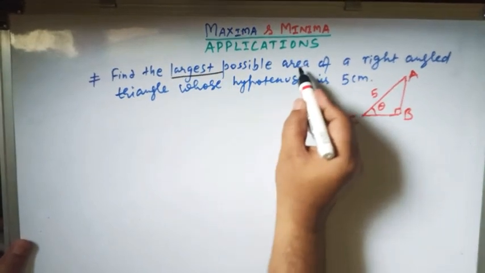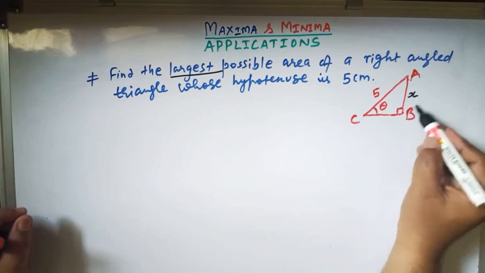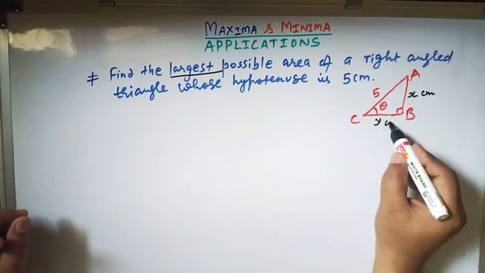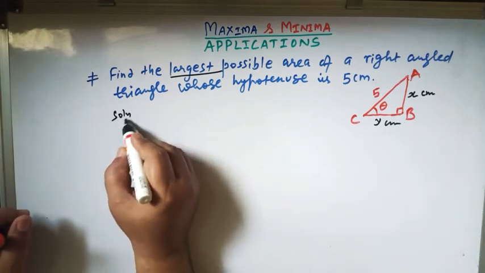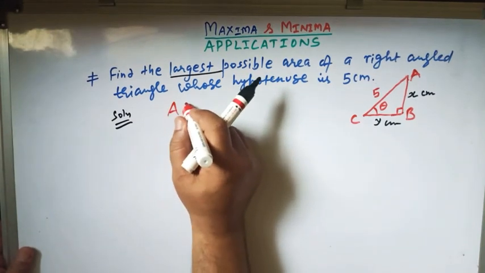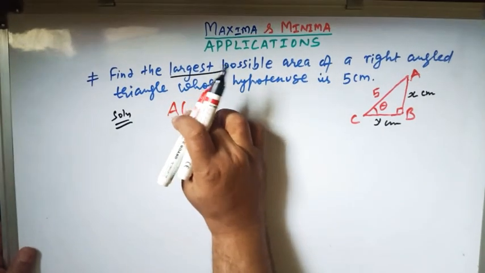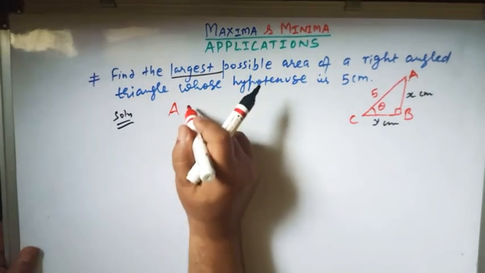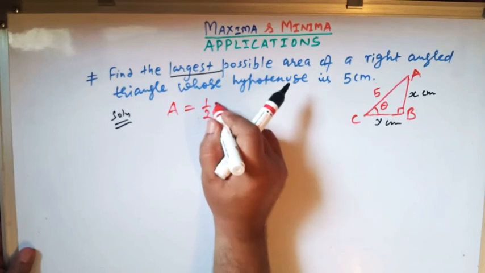It means we have to maximize the area function. Now let this side be x, and say this side be y centimeters. This is x centimeters, this is y centimeters. So the area function is, here we can write simply the area, and we have area is half base into altitude.